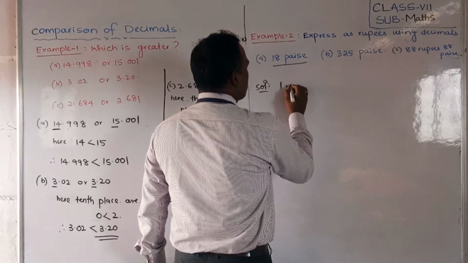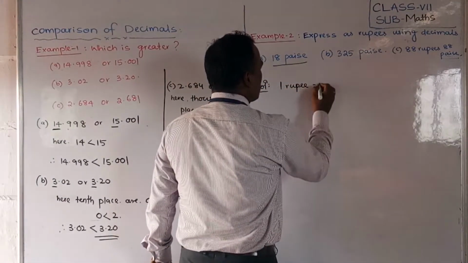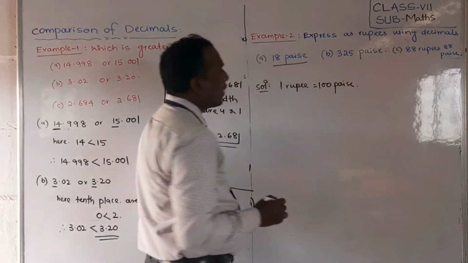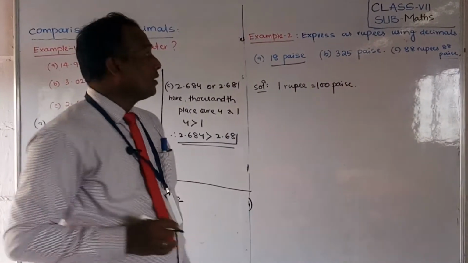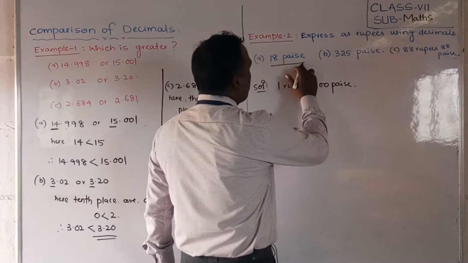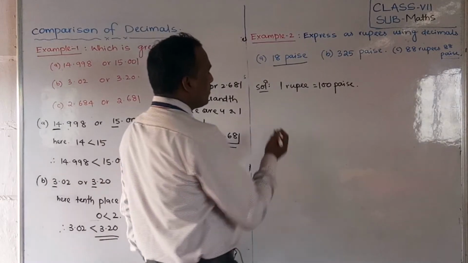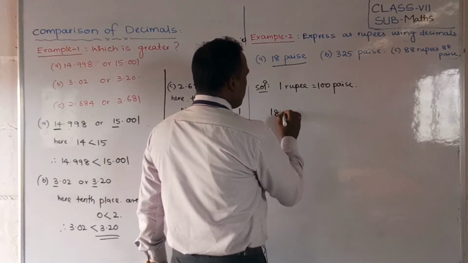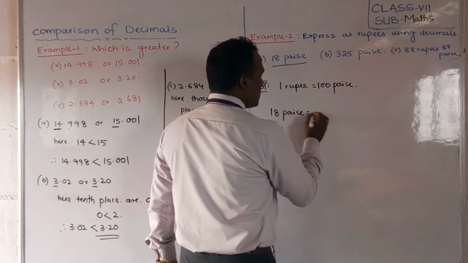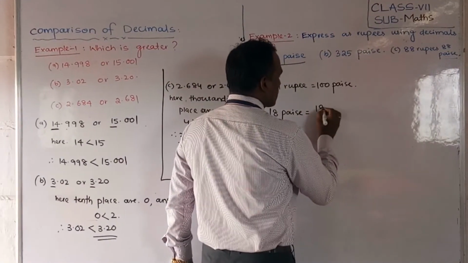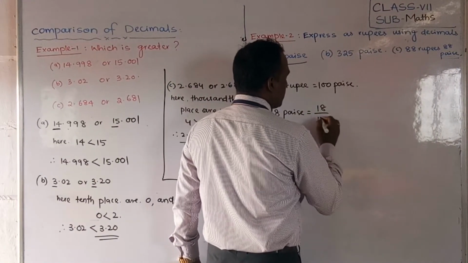1 rupee is equal to 100 paise. Okay? 1 rupee, we know, is 100 paise. Now look at the 18 paise, we have to convert into decimals. So in rupees, 18 paise is equal to 18 by 100 rupees.